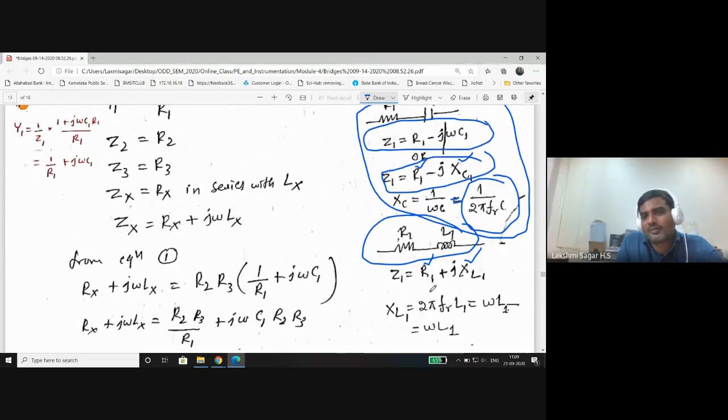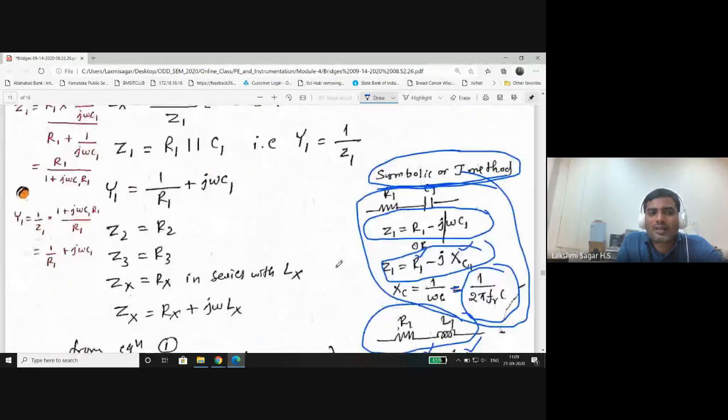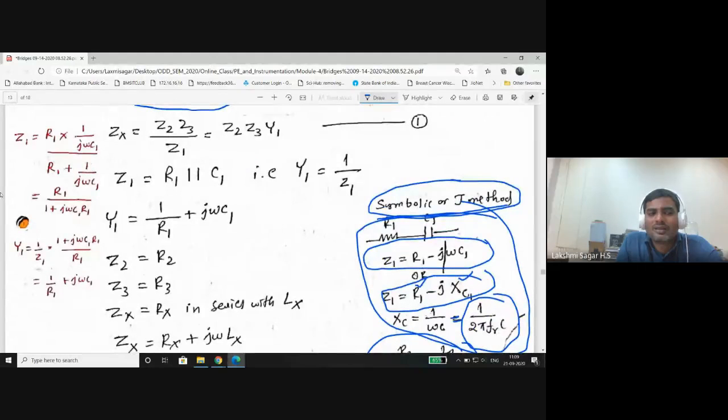Right. Suppose the resistance is connected in parallel with the capacitor, then you have to use this equation. Z1 is equal to R1 into 1 by j omega C1 divided by R1 plus 1 by j omega C1. Do the cross multiplication and cancel some terms. So you will get R1 by 1 plus j omega C1 R1, right?